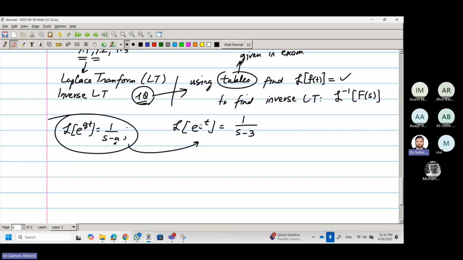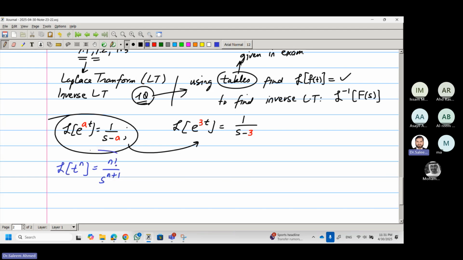Or there is another formula, the Laplace transform of t to the power n, which is n factorial over s to the power n plus 1.